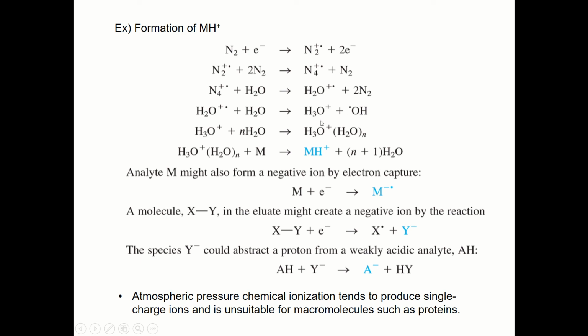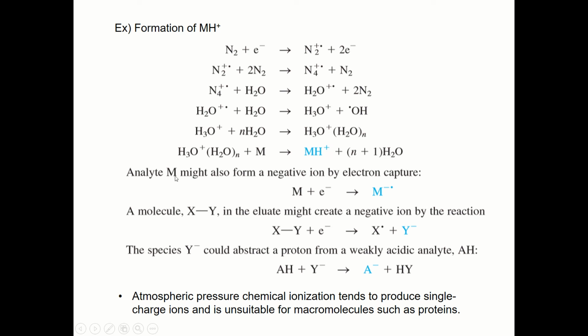And also the hydrogen ion reacts with water, so it becomes these aggregates. Now this aggregate reacts with a molecule M, and then it creates this MH+ ion, and this ion enters the mass spectrometer.